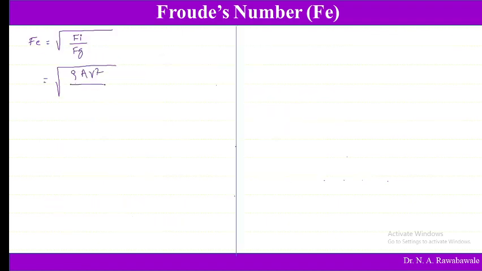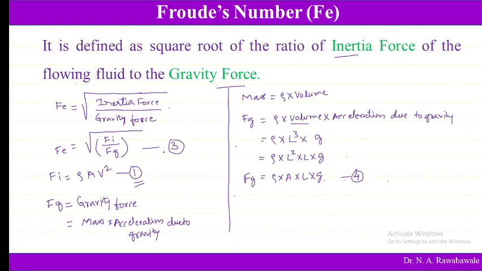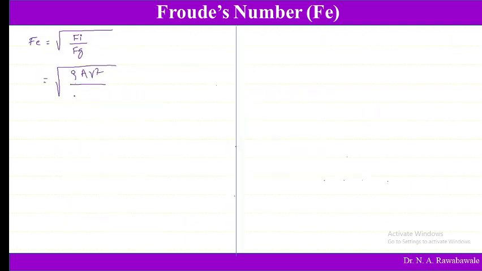Then Fg is from equation number 4, rho a l g. So rho gets cancelled, a gets cancelled, so we can write the square root of v square divided by lg. Now taking the square root, we get v divided by square root of lg, which is Froude's number that we obtained.